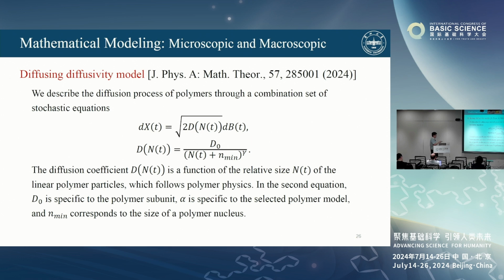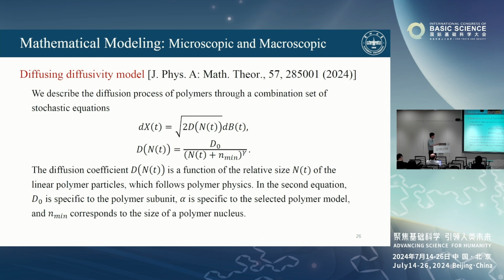XT follows the dynamics of Brownian non-Gaussian, because dXT involves NT, which is a birth-death process. NT is also a stochastic process, so it's a random coefficient.